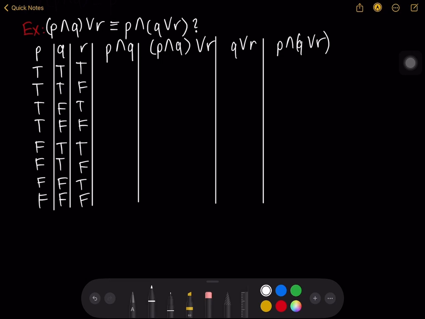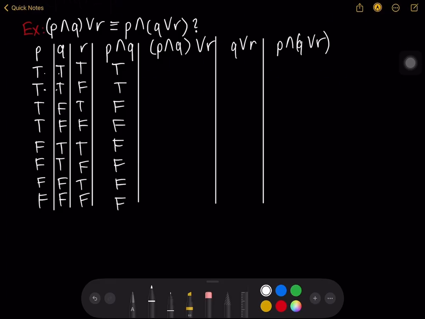Okay, so we have P and Q. True and true is true. True and true is also true. True and false, false. False, false, false, false, and false.